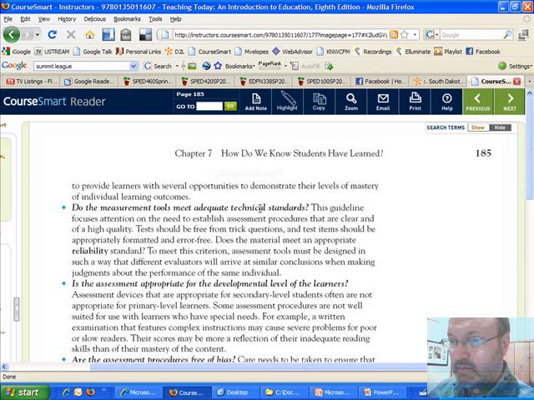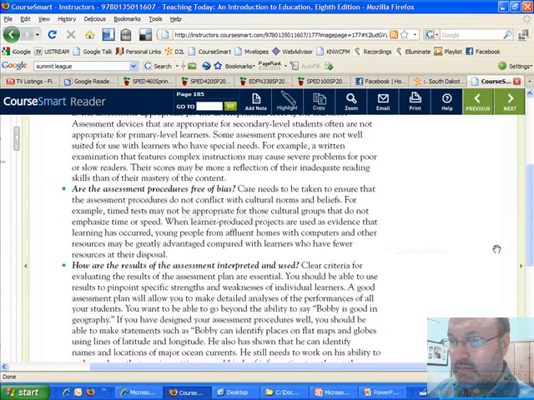Do they meet adequate technical standards? Are they reliable? Is it appropriate and developed? And again, there's questions on the test about this. Are the assessment procedures free of bias? Always a big thing is, is it biased to one group or another? Are the results of the assessment interpreted and used?